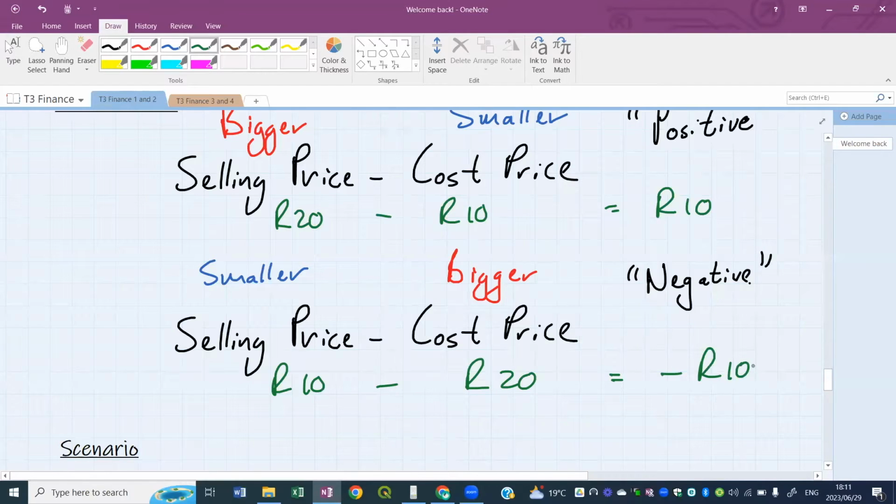Okay, so when we have a positive answer for this sum, you're making profit. But if we have a negative answer for this sum, you're making a loss.